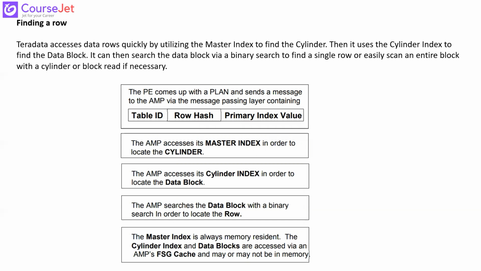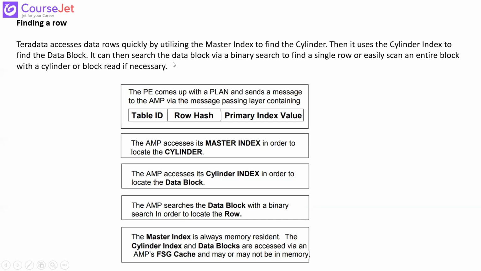Teradata accesses the data rows quickly by utilizing the master index, and with the master index it finds which cylinder the row is stored in. Then it uses the cylinder index to find which data block it is stored in.